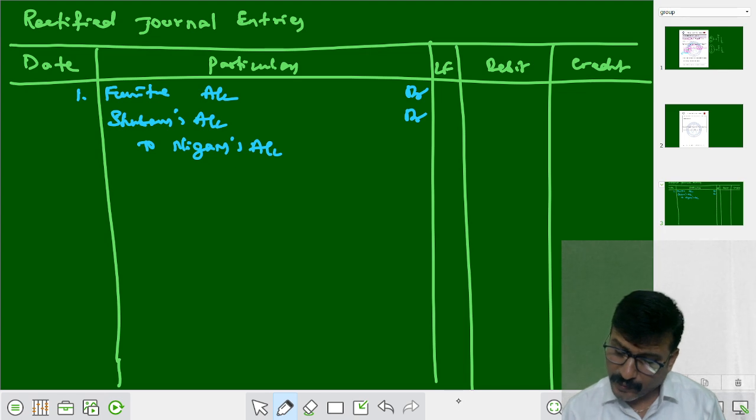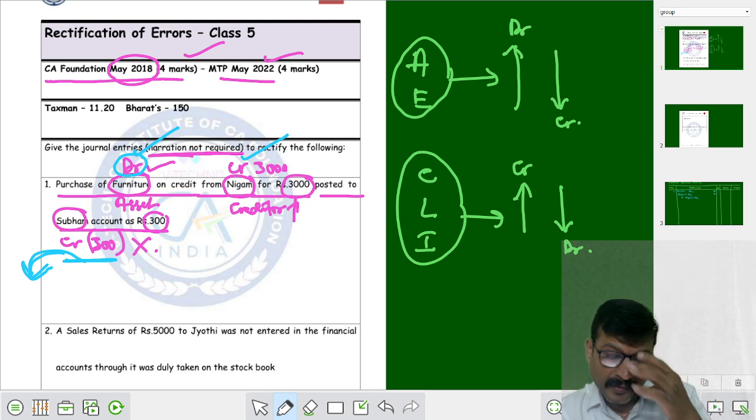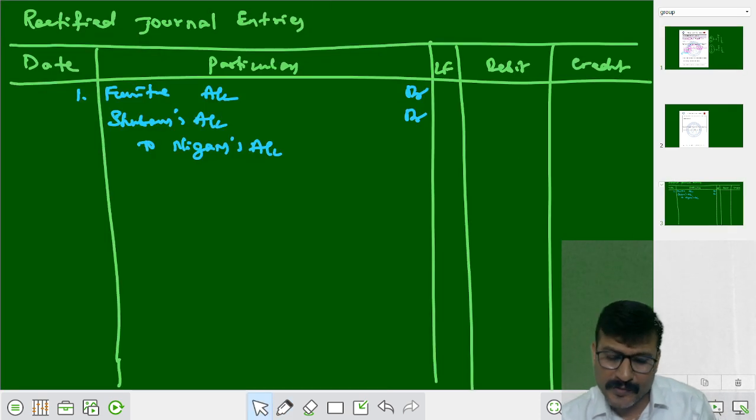Now, how much amount do we have to write? How to mention those amounts? See the transaction here. Furniture you purchased 3000. For Shubham, you have given a wrong credit. When you have given Shubham a wrong credit, Shubham comes in the debit side.